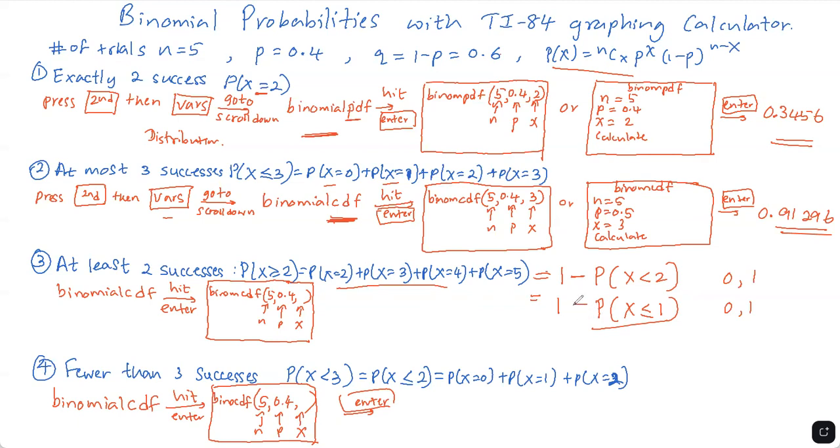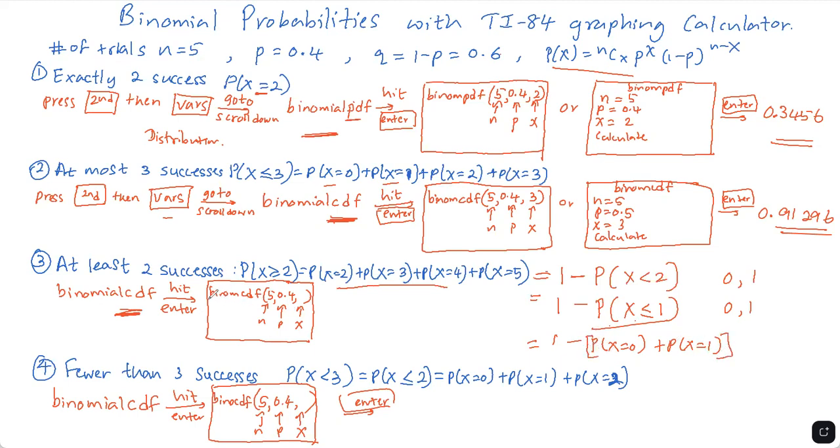subtract from 1. So here, first press second and then VARS button and then scroll down to again CDF, because this probability x less than or equal to 1 is also a series, right? It is like 1 minus probability x equals 0 plus probability x equals 1. Again, you have a series of probabilities.